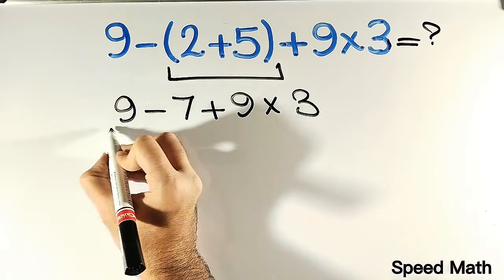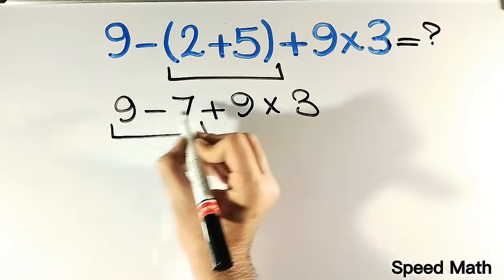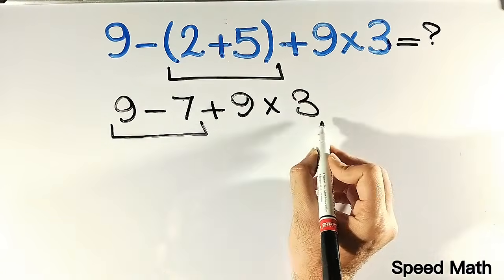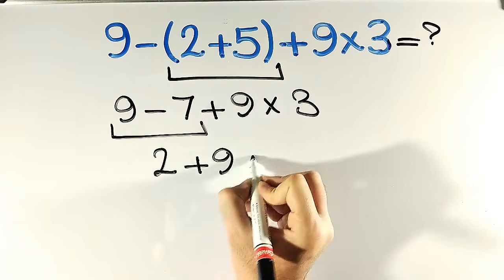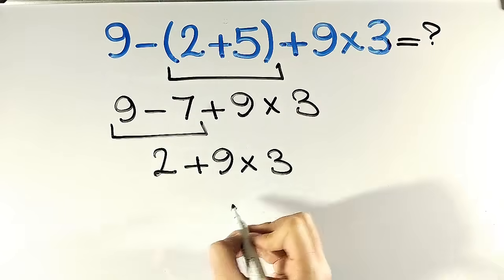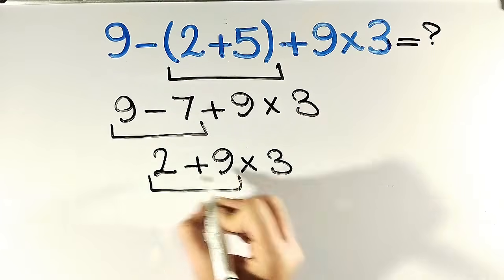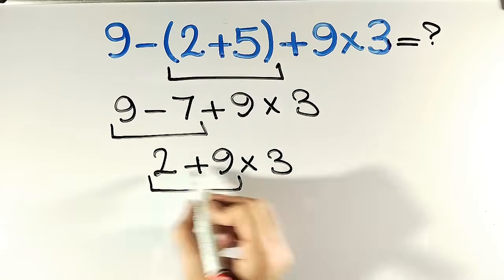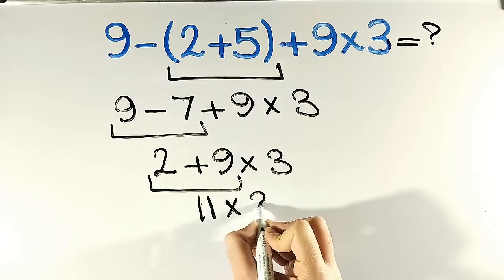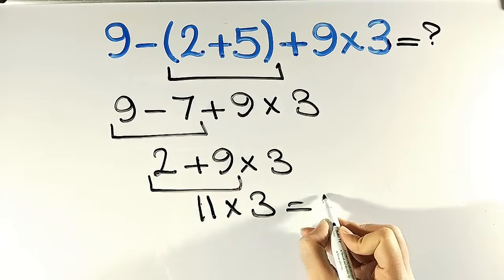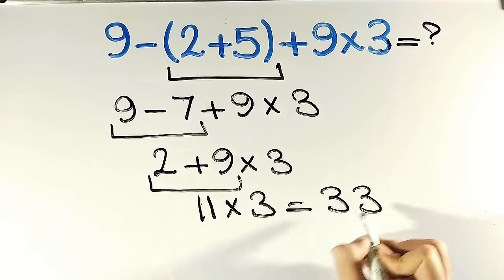And the next step, they go for the subtraction between 9 and 7. And instead of this expression, they write 2 plus 9 multiplied by 3. Then they go for the addition between 2 and 9. And instead of this expression, they write 11 multiplied by 3, which finally gives them the answer, 33.